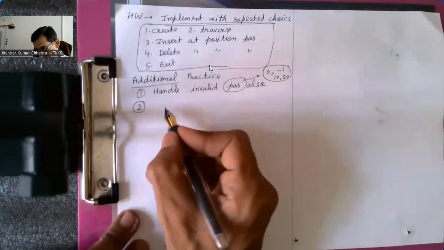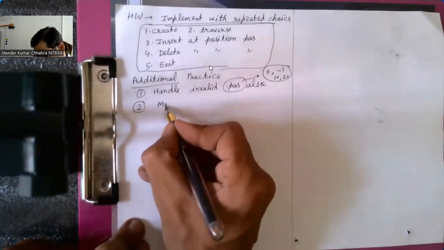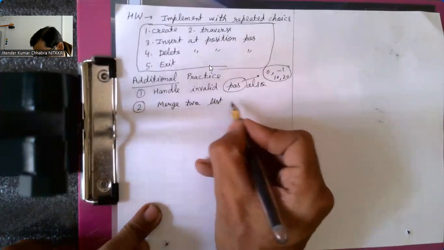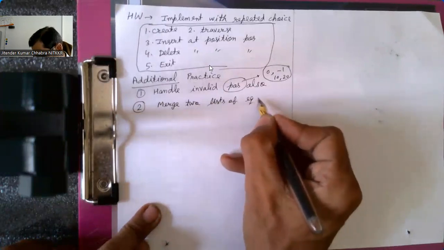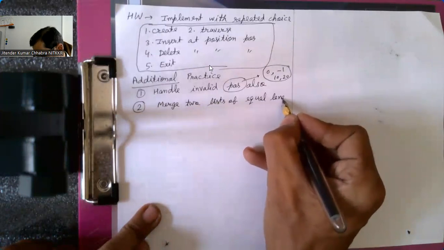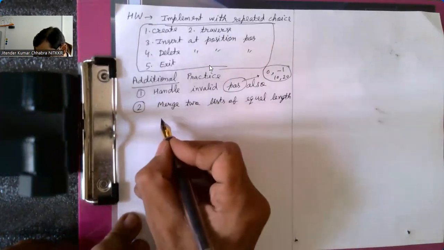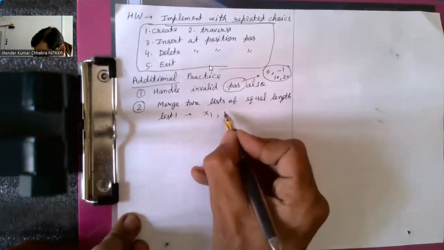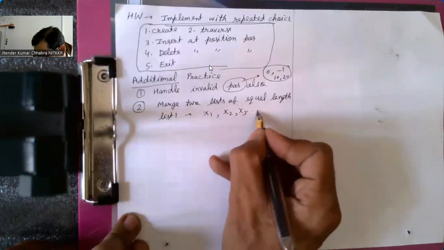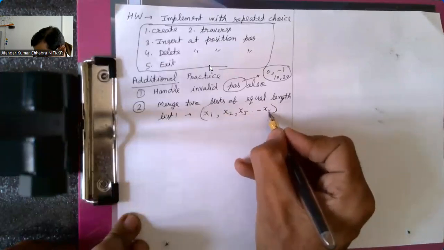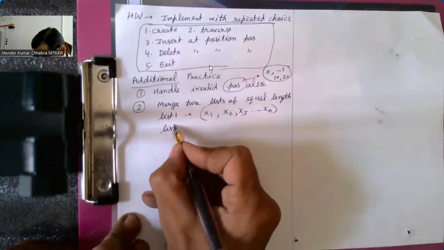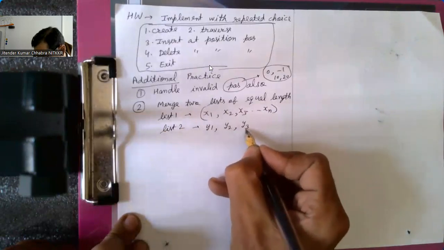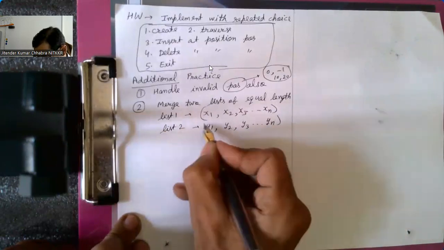Second, I will say try another. Merge 2 lists of equal length. A simple code I am saying: if my list 1 has some nodes x1, x2, x3, up to xn, and list 2 also has some nodes y1, y2, y3, up to yn, I have assumed equal length.